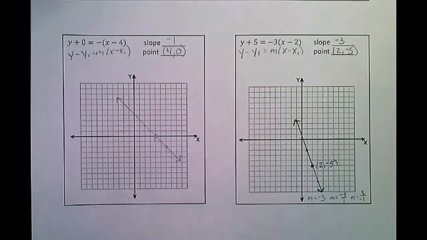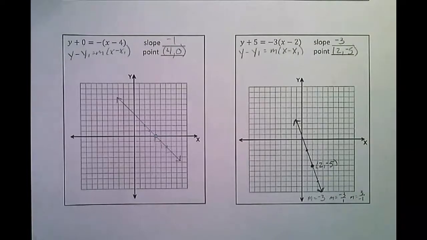So I have plotted 2, negative 5 down here, and then my slope of negative 3. So remember, a slope of negative 3 could mean down 3, forward 1, or it could mean up 3, back 1. So think about slope, negative 1, either the numerator or the denominator is negative, but both can't be, because if they're both negative, it makes a positive.